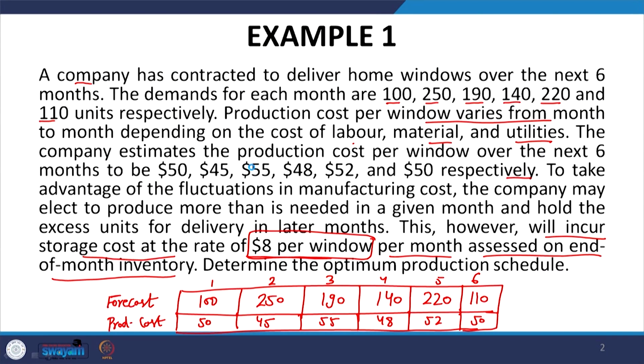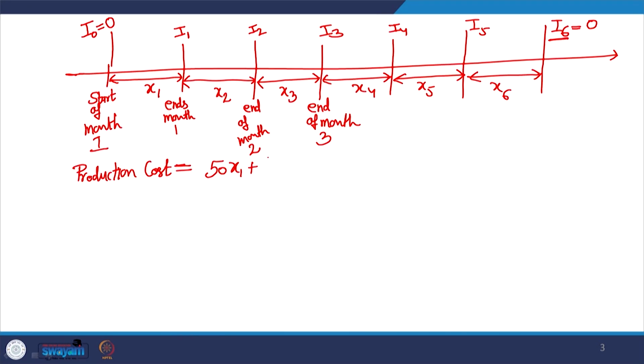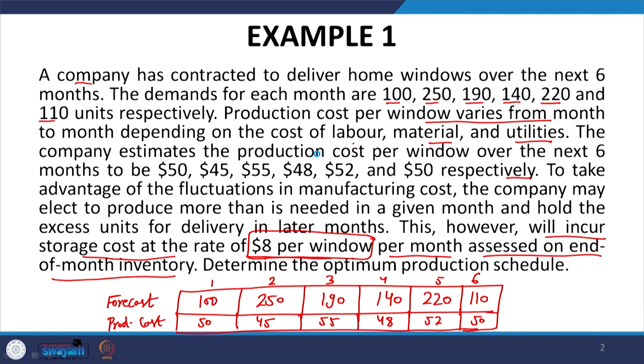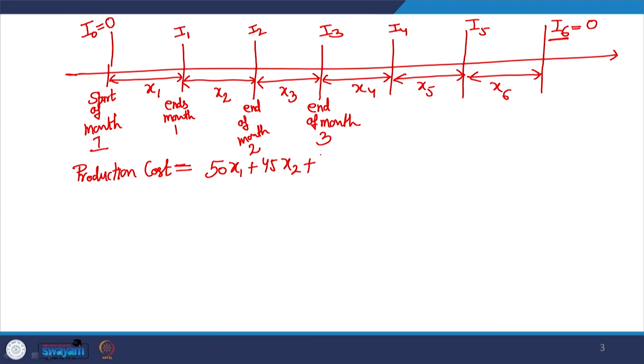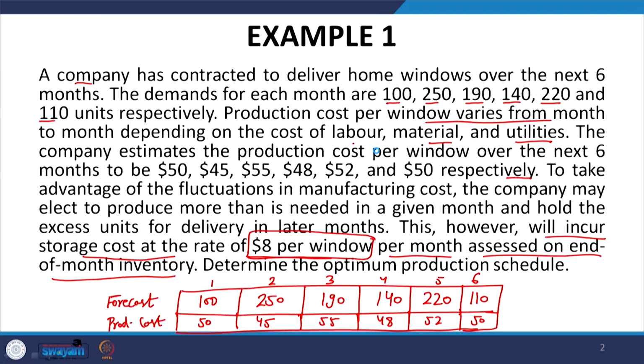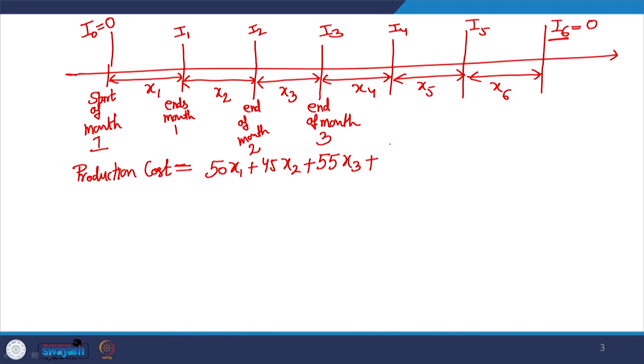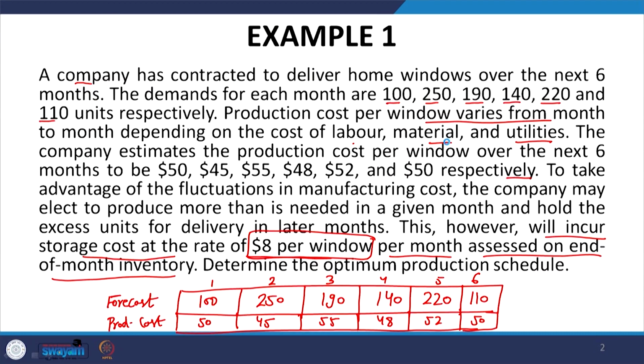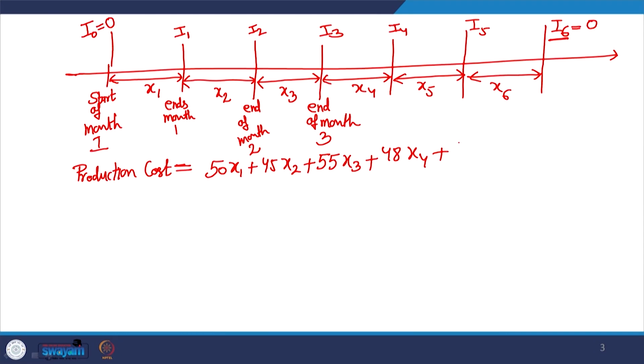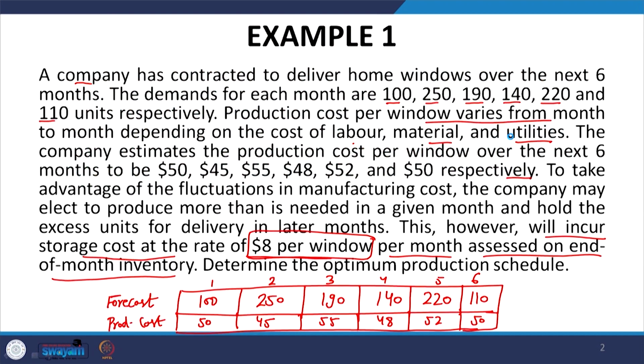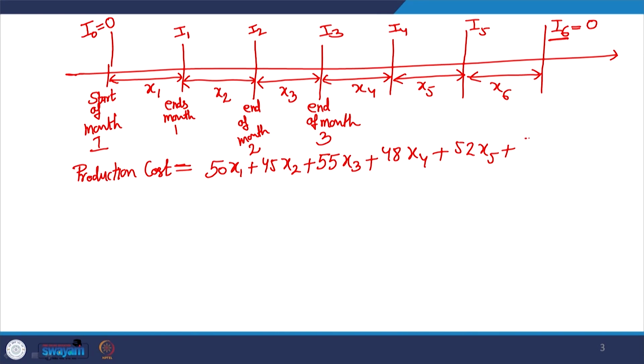Then 45 x2, then 55 x3, plus 48 x4, plus 52 x5, plus 50 x6.